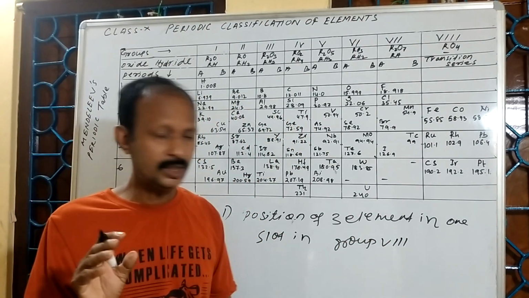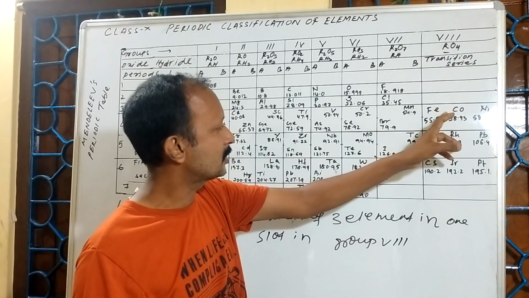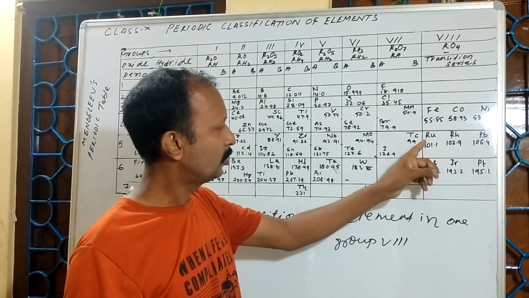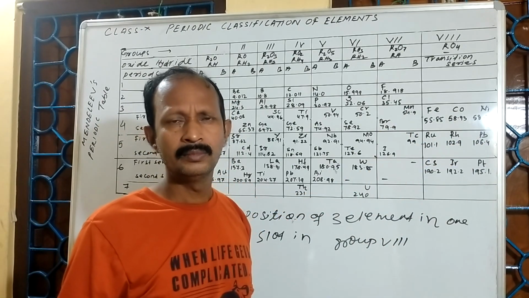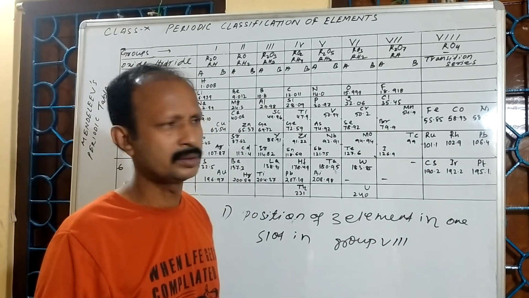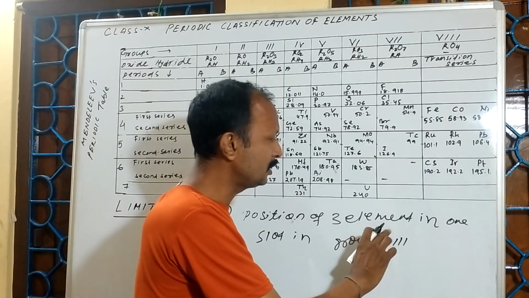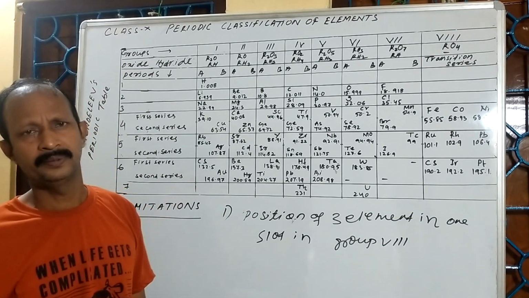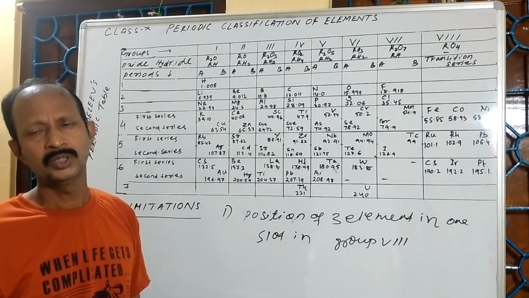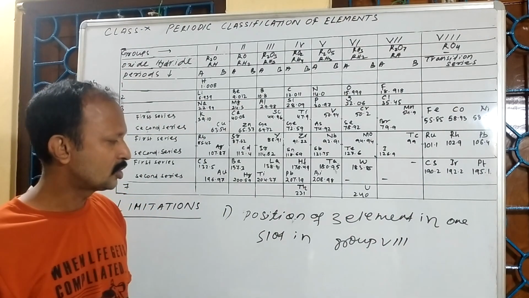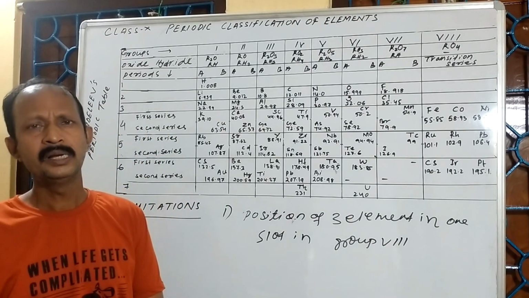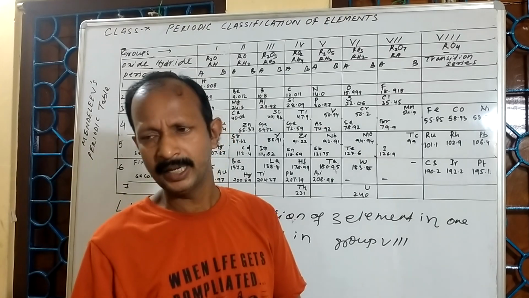So the position of three elements, iron, cobalt, nickel, in one slot, and ruthenium, rhodium, palladium, in another slot. These things were not explained by Mendeleev in his periodic table. So this is also considered a drawback or limitation of Mendeleev's periodic table.